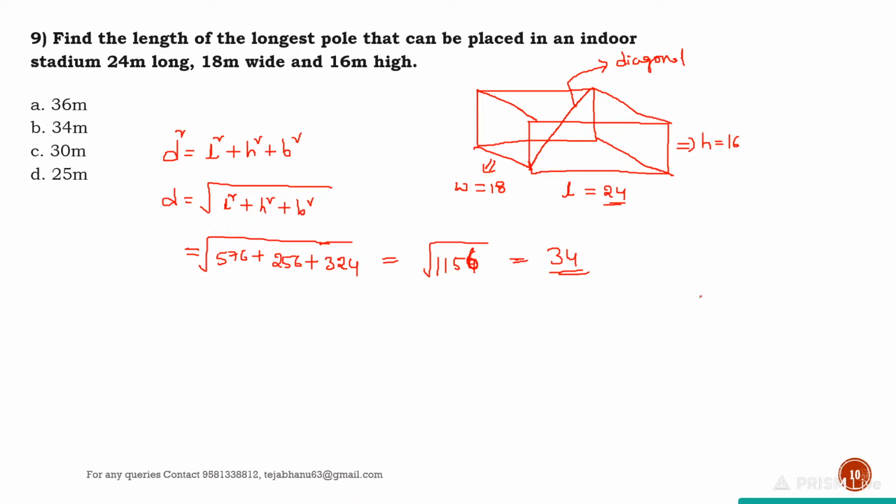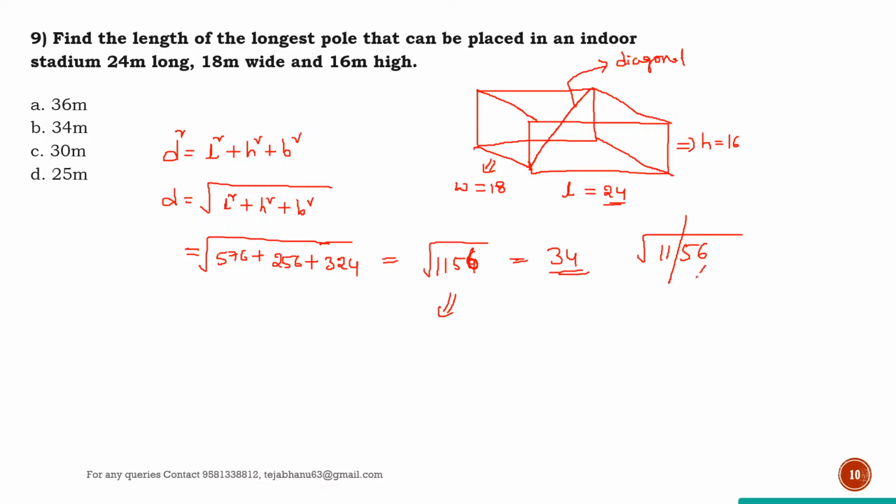I hope it's clear. See, how we have to find the square root. There is a session which is recorded before. Have a look at it. Go to the playlist and look under the speed maths or calculations tab. Here, I am saying square root of 1156 we have to find out. Separate the last two digits.